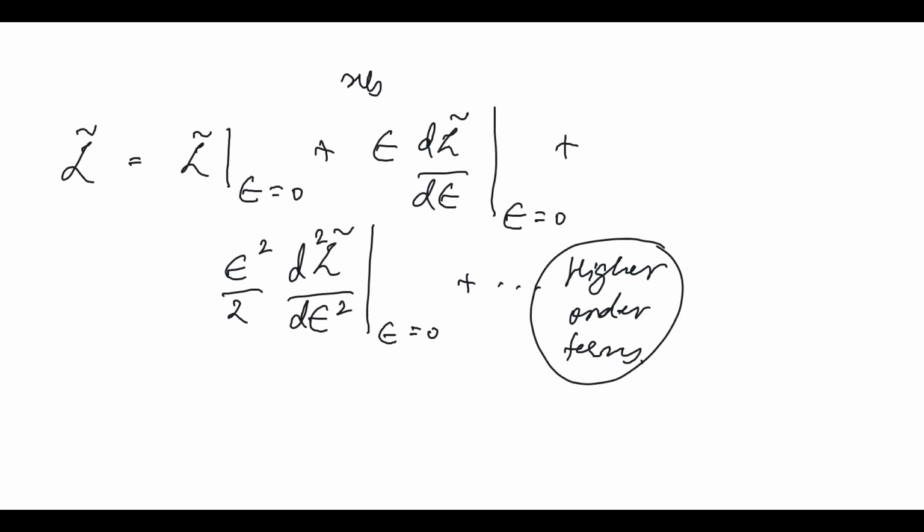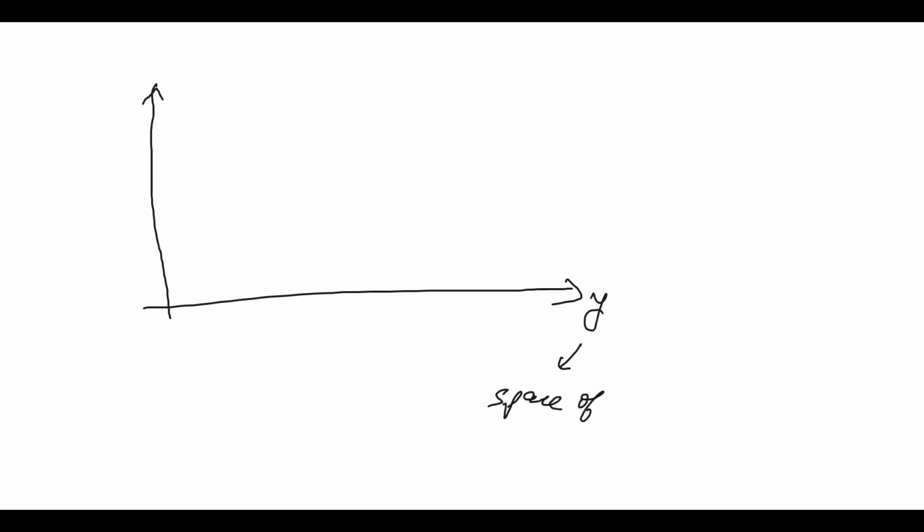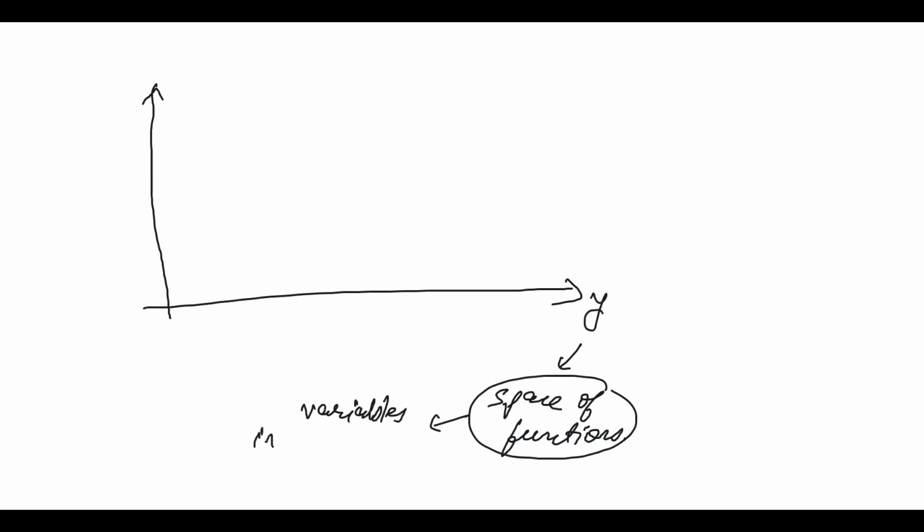Now let us recall from basic calculus. Okay, before that, I want you to think of an abstract space of functions. Take this as some space of functions. Okay. So now these functions are the variables in our equation. Correct.